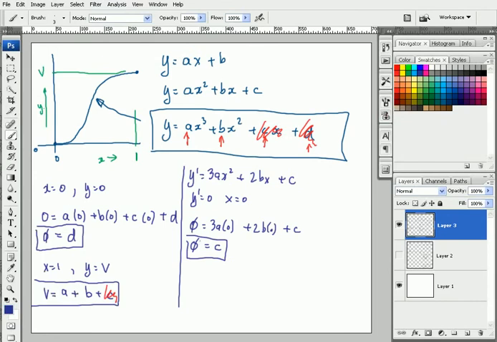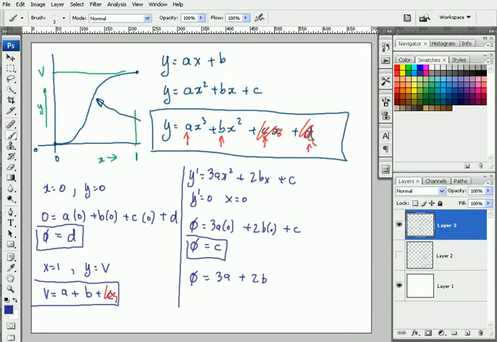We got one more piece of information we can use. Here at x is equal to 1, we know that the slope has to be 0. Therefore, let's use that in our equation here. We have 0 is equal to 3 times a times x squared, which is 1, plus 2 times b times x, which is 1, and that's it.